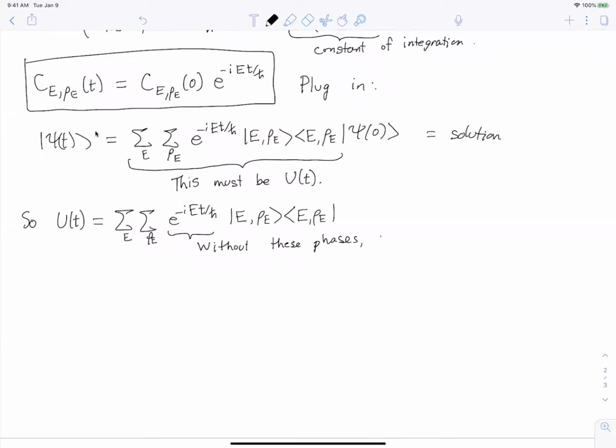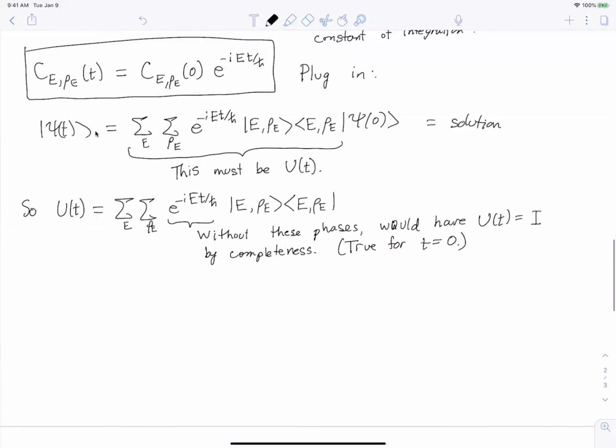Without these phases, we would have U of t equals the identity operator by completeness. But in general, of course, it's not the identity operator. That would also be true for t equals 0, because then all the phases are really just 1.